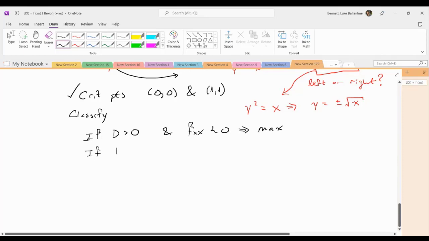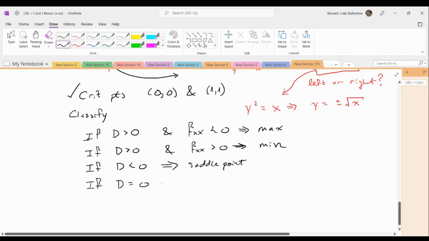If d is greater than 0 and fxx is greater than 0, then we have a min. If d is less than 0, then we have a saddle point. If d equals 0, inconclusive.